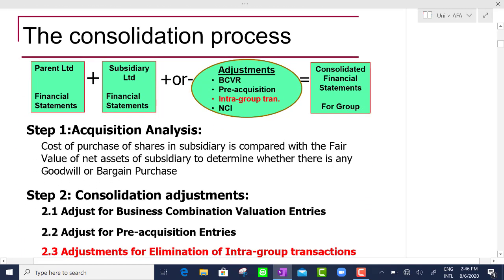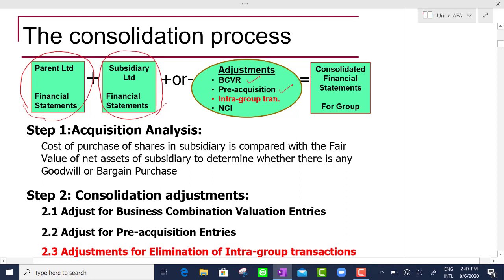Now, if you can remember the consolidation process, we have the parent entity's financial statements and the subsidiary company's financial statements. So we have these separate financial statements, parent company and the subsidiary company. So we need to make a number of adjustments. So far we have done the BCVR adjustment, business combination valuation reserve adjustment, and pre-acquisition entries.